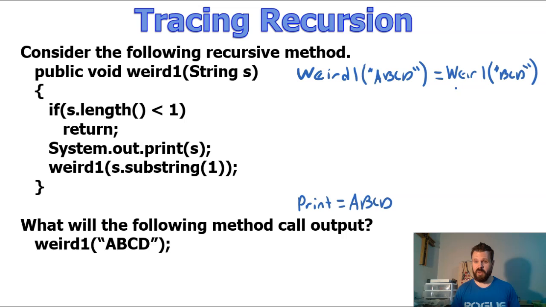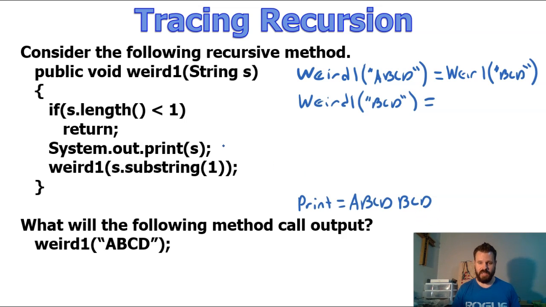Okay, so let's figure out what weird1 of BCD gives me. Well, its length is not less than 1, so we don't hit the base case. We're going to print the string, so just add that to our print stream here. And then again, we'll chop off the first letter by calling dot substring 1.